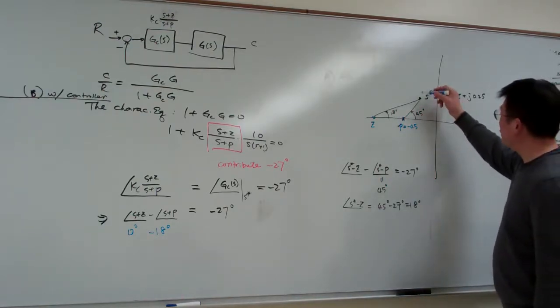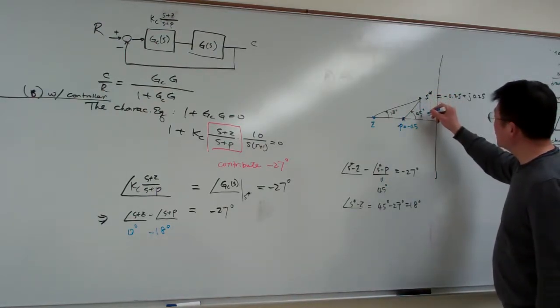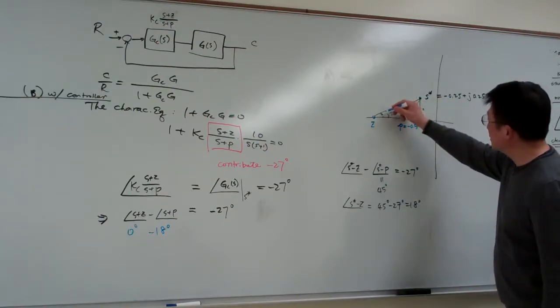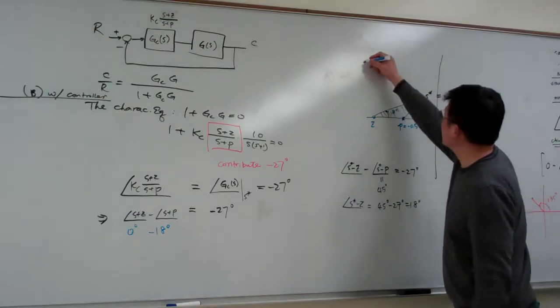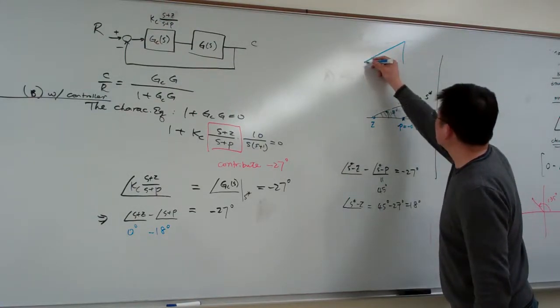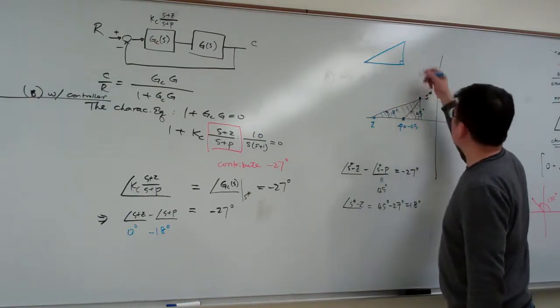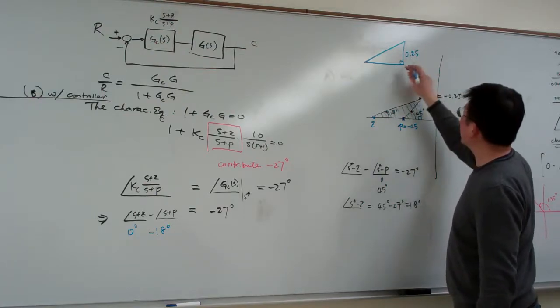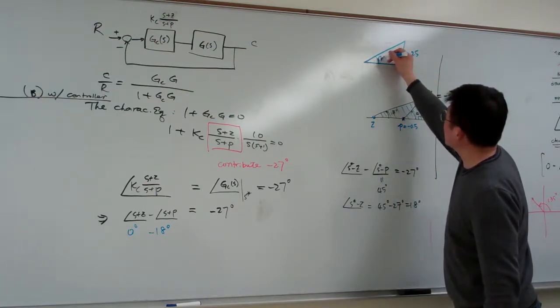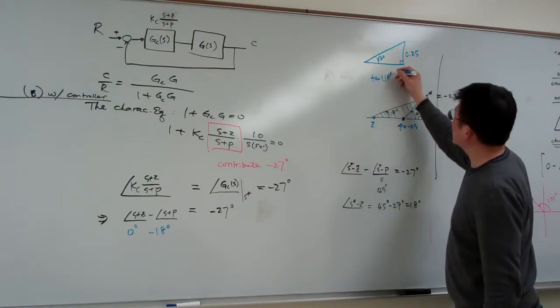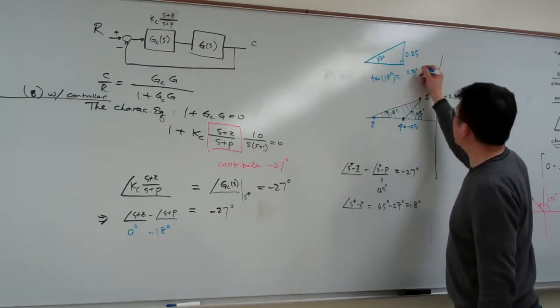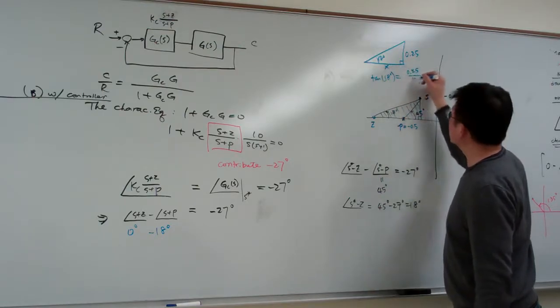So from here, probably you can use this triangle. This is 90 degrees here. Let me use the original triangle here. Okay, so this is 0.25, and this one is 18 degrees. That means the tangent of 18 degrees equals 0.25 over x, and let me say this distance is x.